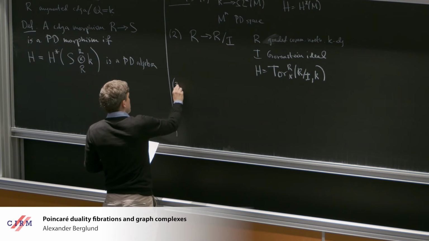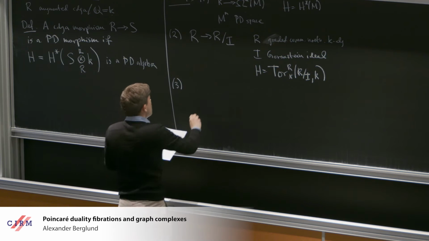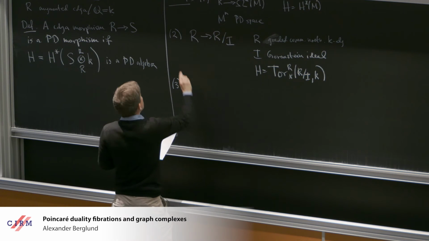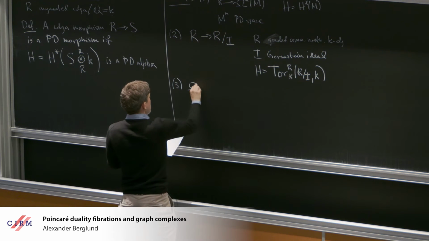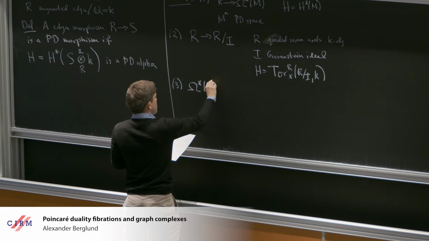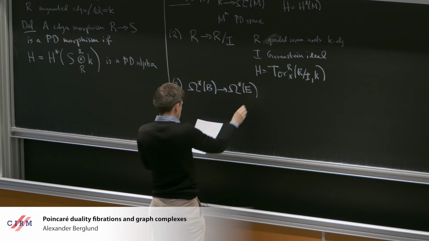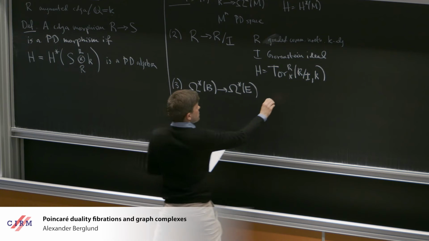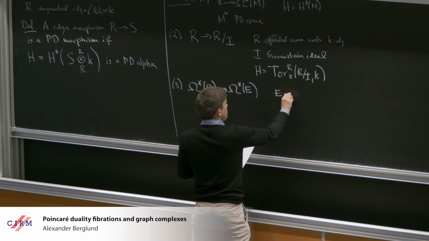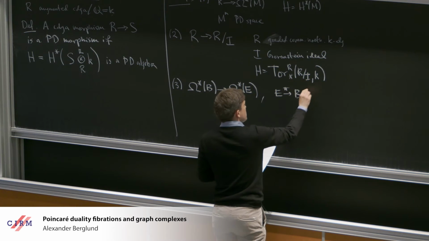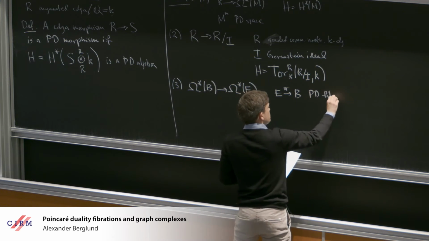Okay, and then the third example is the one we have up there. So if you have a Poincaré duality fibration, you look at the induced map on differential forms, where this is a Poincaré duality fibration.